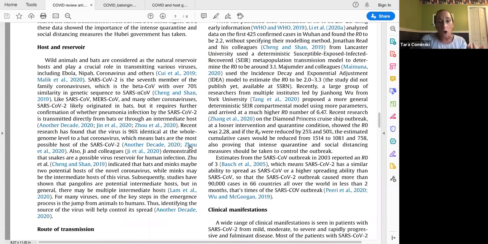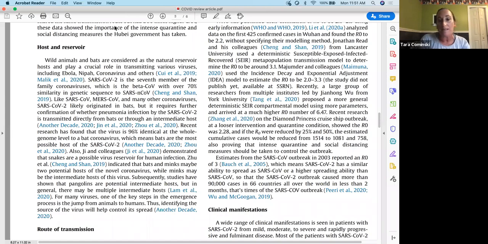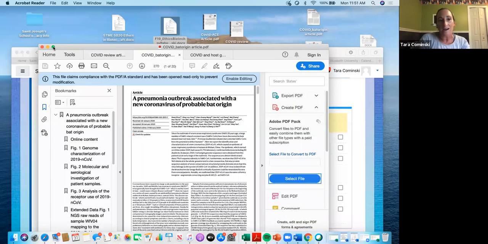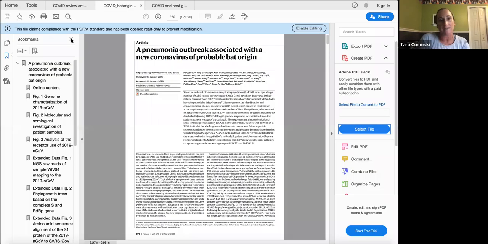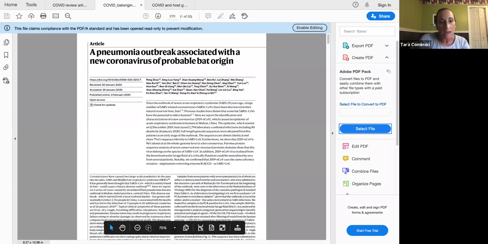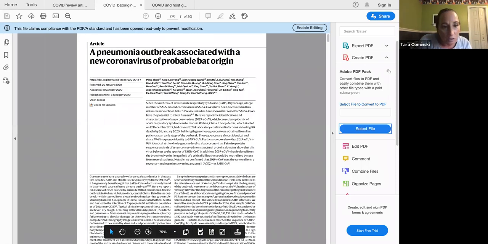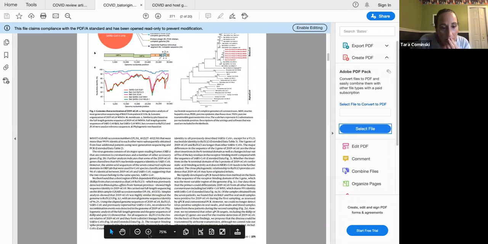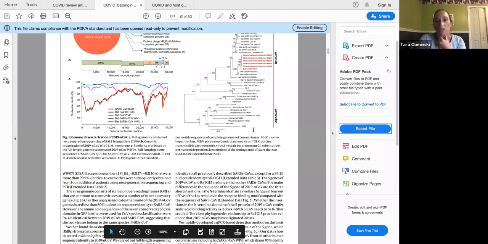So now you could click this article and find the original article that made that claim and look at the actual research, because remember, the review is just citing or summarizing. If you look here, this is that paper, and I believe it was published in Nature.